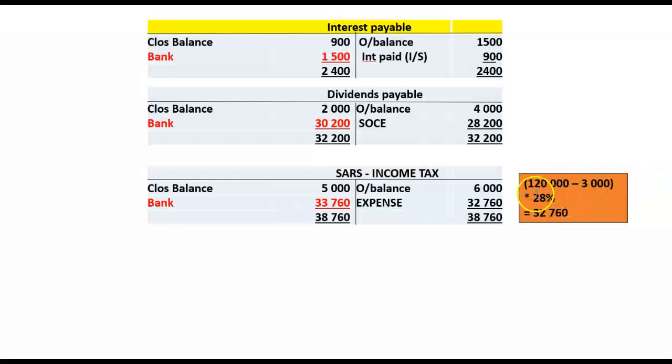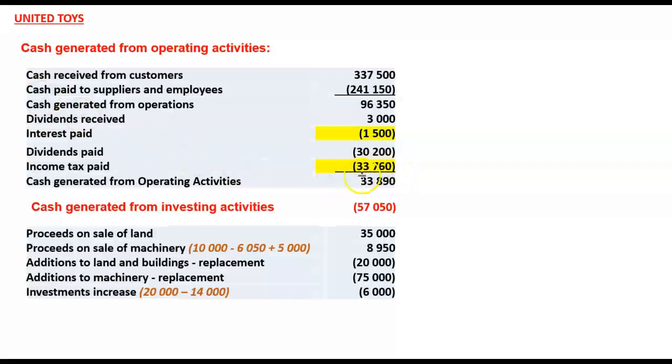That multiplied by 28% gives us 32,760, and that is my expense in the income statement, 32,760. And now when you balance off your income tax account, you'll see that we actually paid SARS 33,760 Rand for the year. We can now add all this stuff together, and that will give us cash generated from operating activities, 33,890.